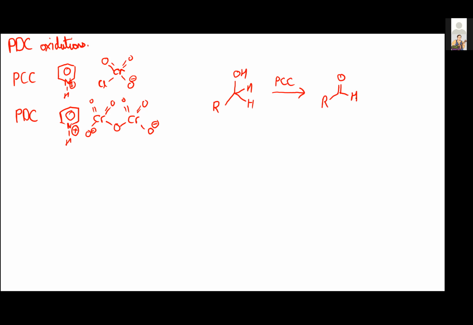Yes, alcohol to aldehyde, exactly what I said. They'll also go to ketones as well, but that all depends on what your alcohol is. If it's a secondary alcohol, it'll go to a ketone. Okay, so that's what we're going to discuss.